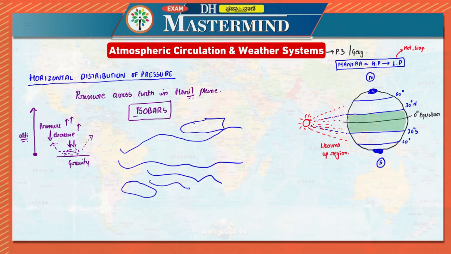If this is an isobar, this line says that the pressure here, here and here is all the same. Isobars are lines connecting places having equal pressure. With the help of these we will look at the horizontal distribution of pressure.